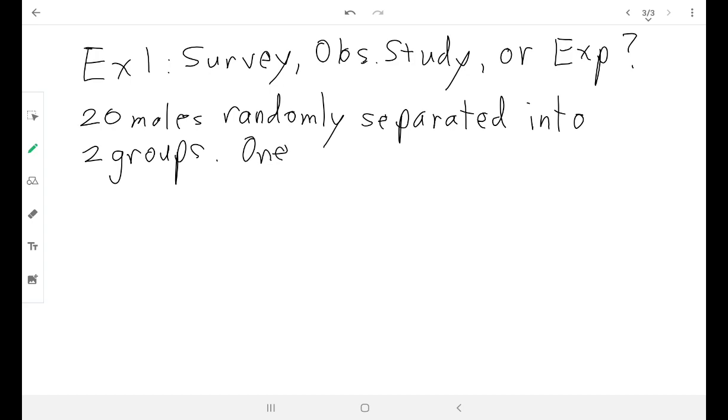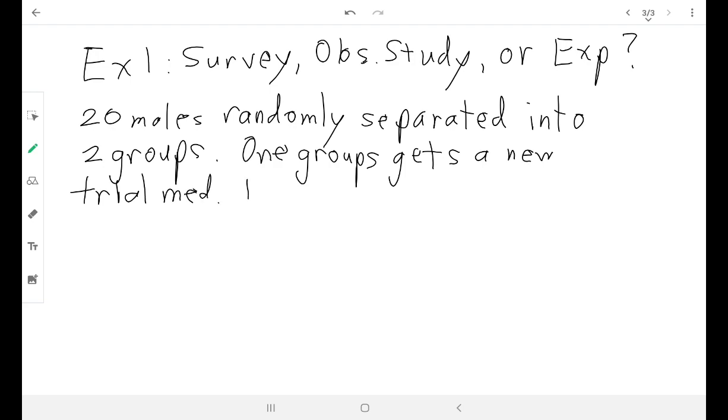One group gets a new trial medication. The other gets a placebo.